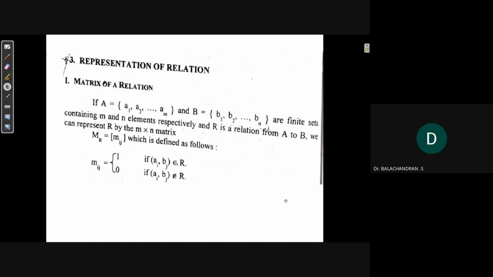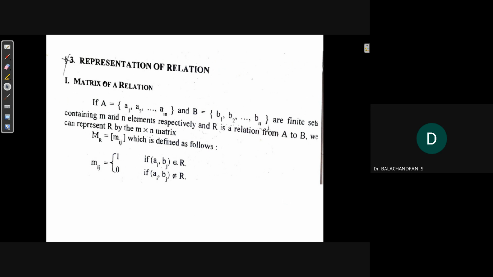Next, representation of a relation. You can represent a relation using matrices. Suppose A = {A1, A2, ..., Am} and B = {B1, B2, ..., Bn} are finite sets containing m and n elements respectively, and R is a relation from A to B. We can represent the relation R by an m cross n matrix.